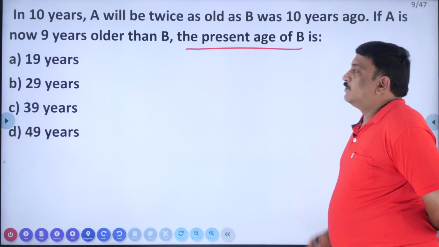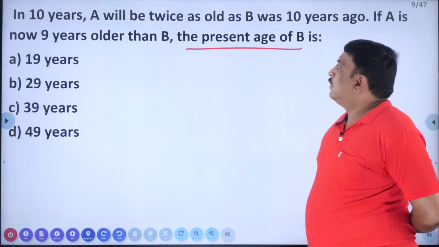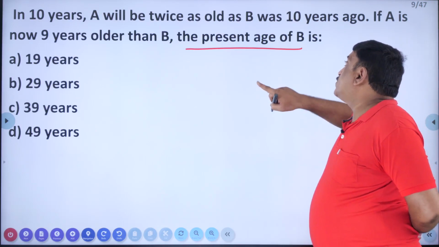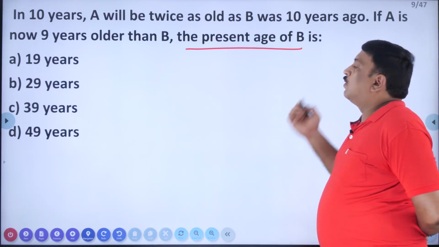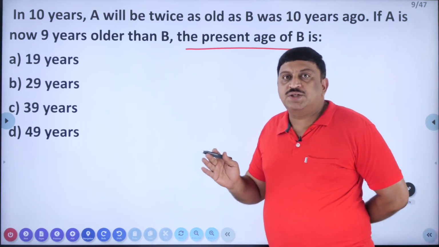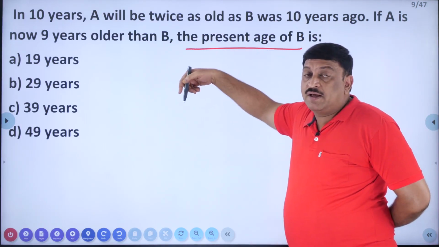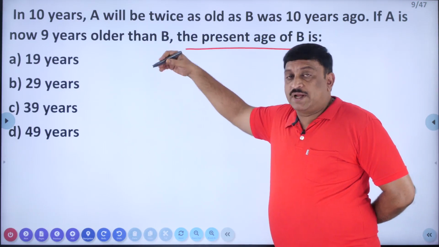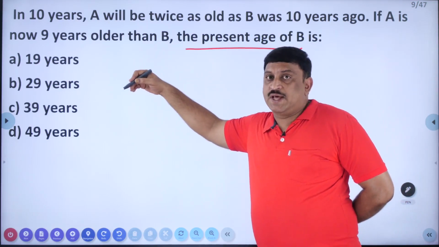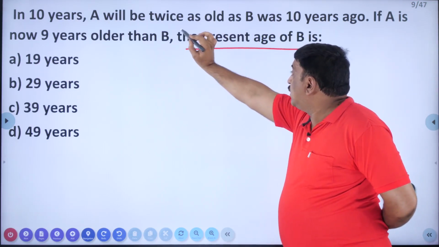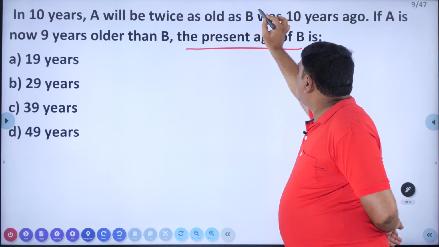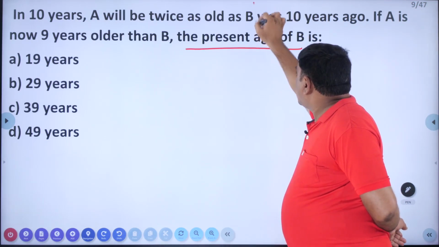In 10 years, that is after 10 years, A will be twice as old as B was 10 years ago. You can't say A is to B, it is not 2 is to 1. Just like previous, that is, it is 2 is to 1. A is twice, that is, man is twice as old as son. But here it is not like that. It is not stopped as old as B. But it not stopped here.